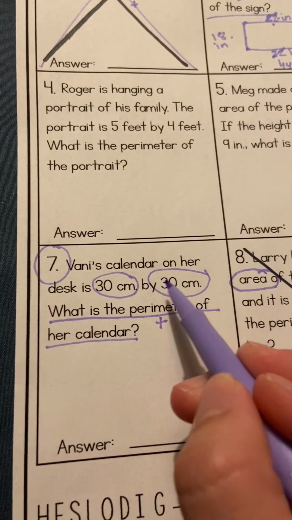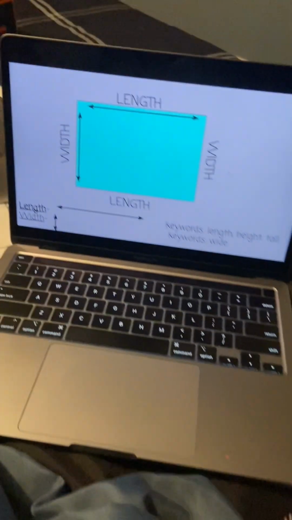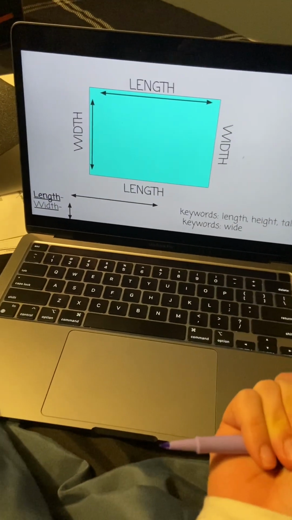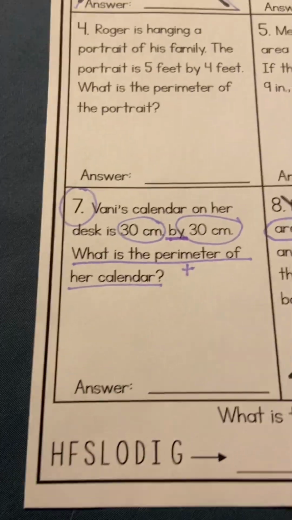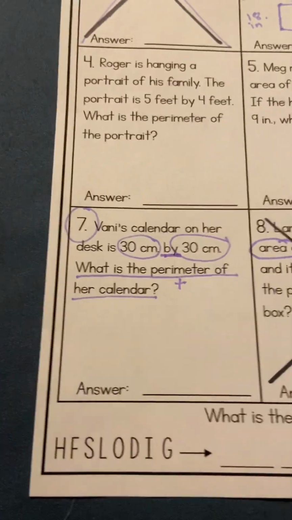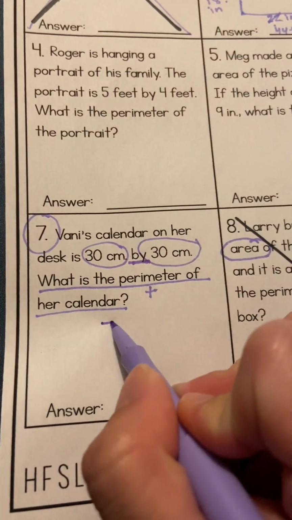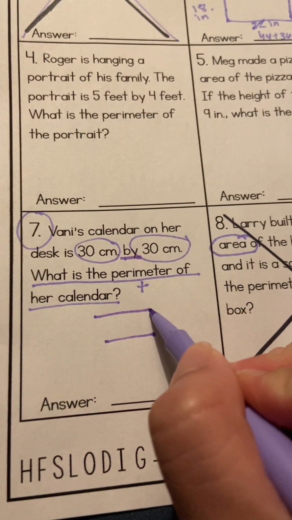So here I'm seeing the word by again. Now remember, by is not one of our keywords here. Basically it just means that it doesn't matter where you put the width and the length. It doesn't really give us that information. So we can do either and still get the same answer. So I'm going to start with these sides. These are 30 and then these are 30.